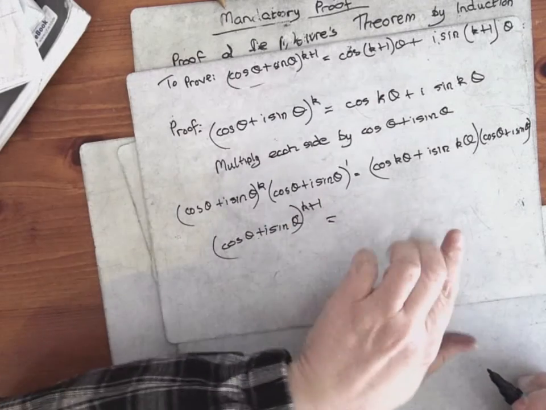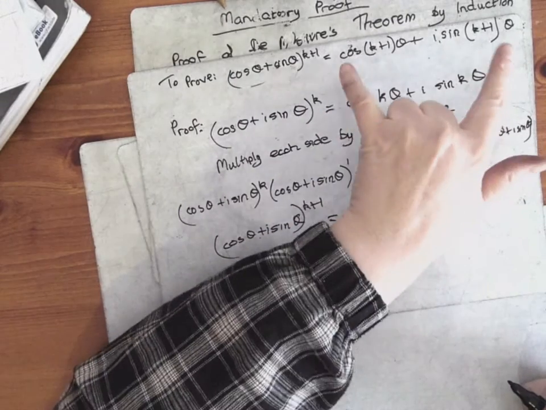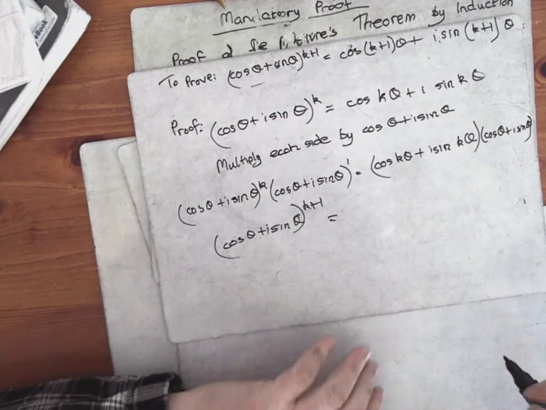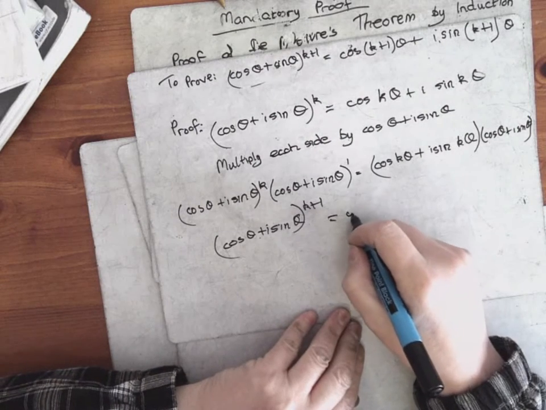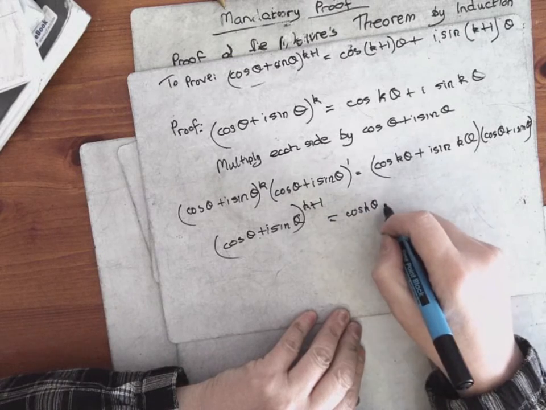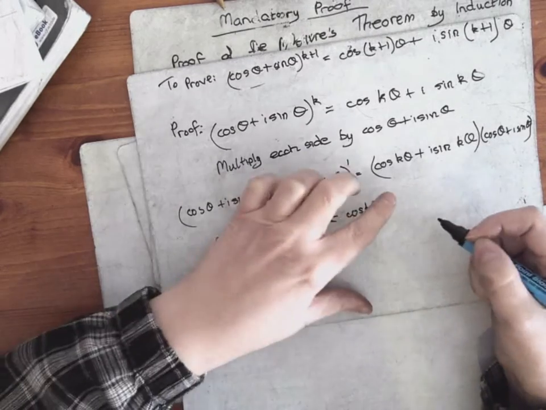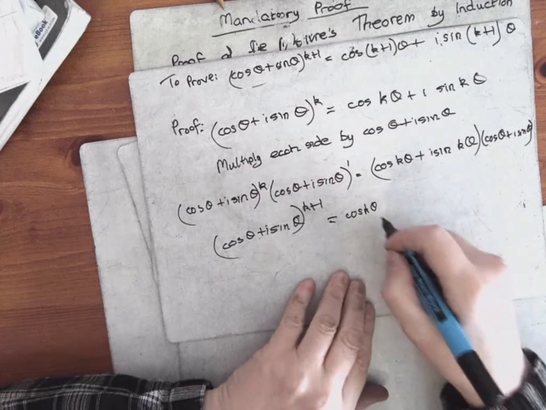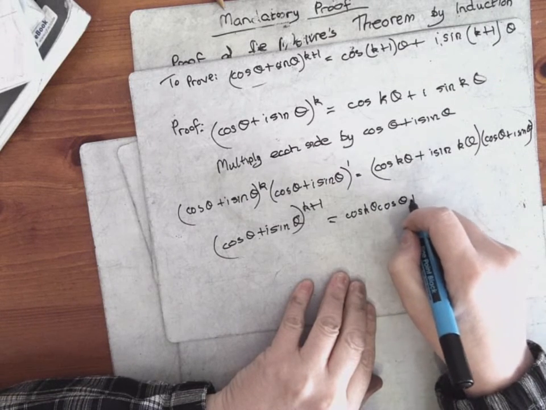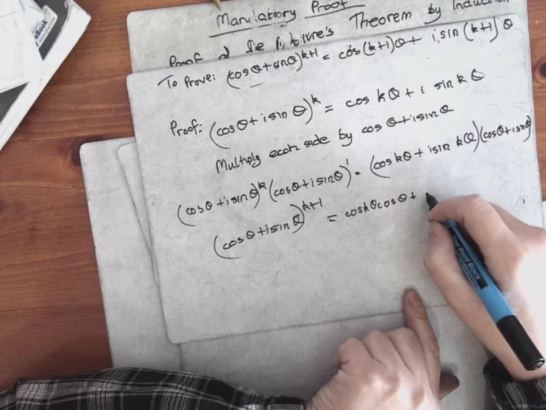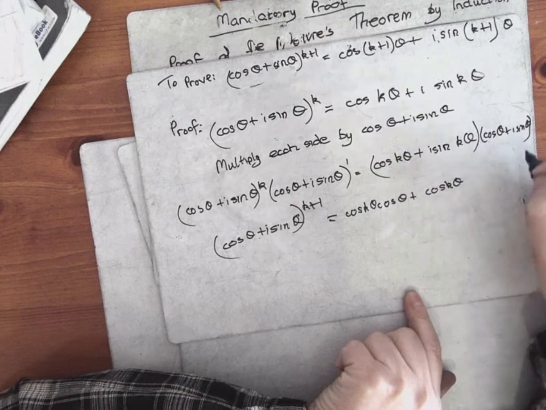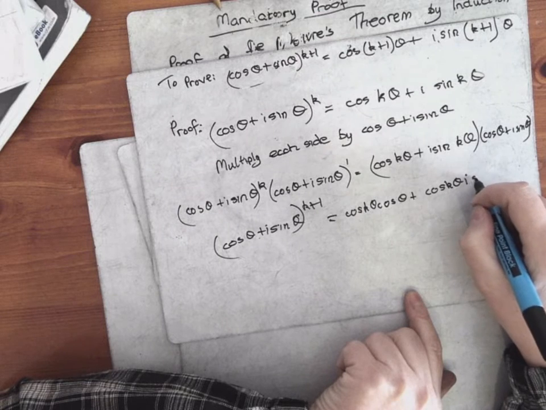Now the right side, so I have to go from this up to this. So obviously the first thing you do is multiply out. So I have cos k theta by cos theta. Then cos k theta by i sine theta.